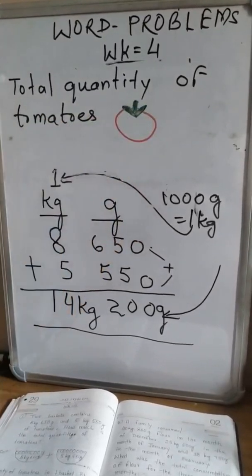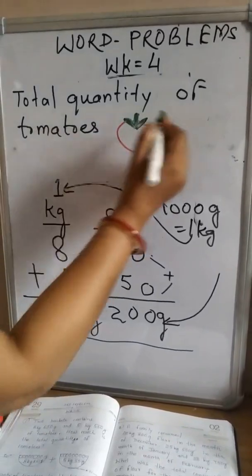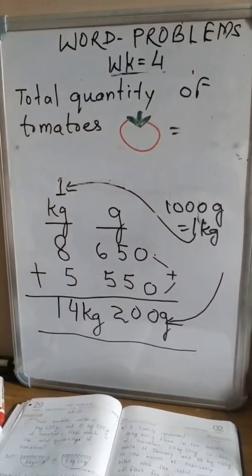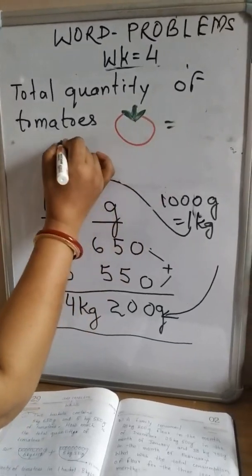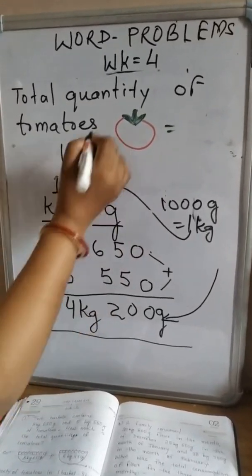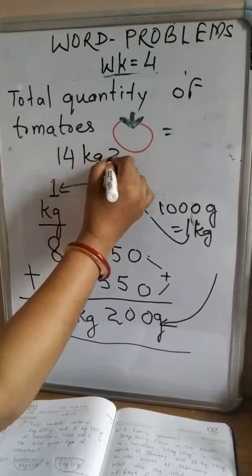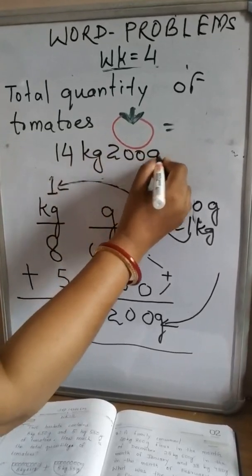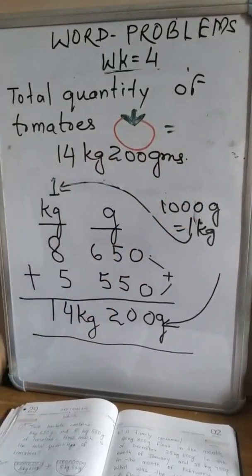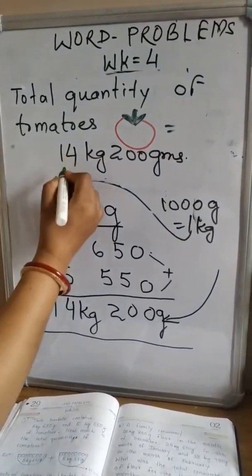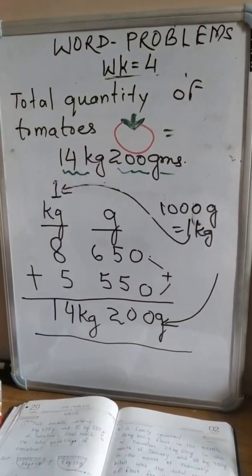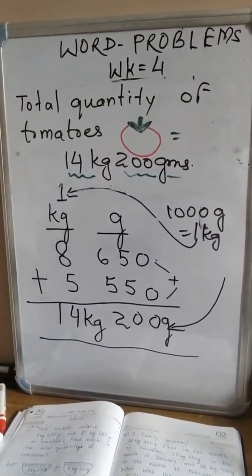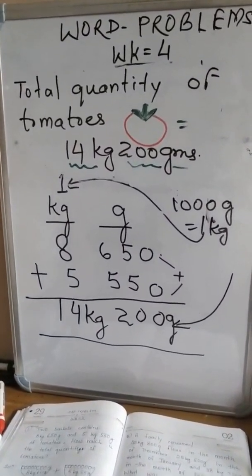What is the total quantity? 14 kilogram and 200 grams. So this is the answer, 14 kilogram and 200 grams. In this way, question number 1 is solved.